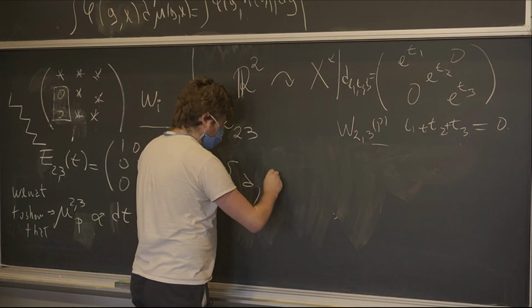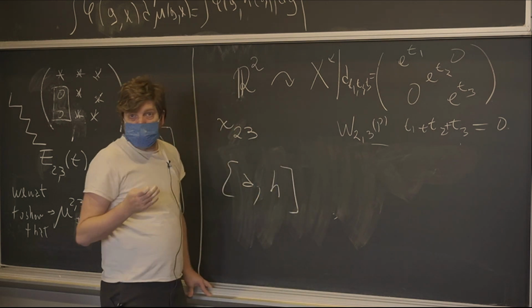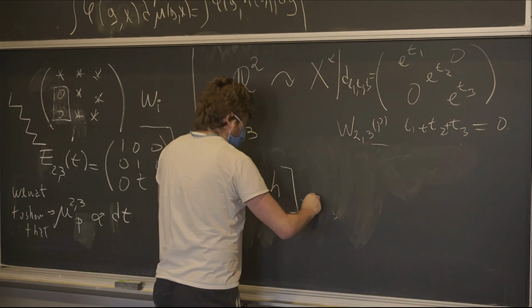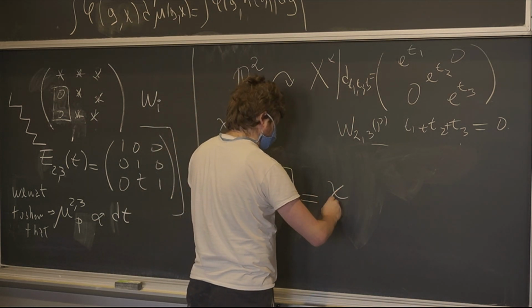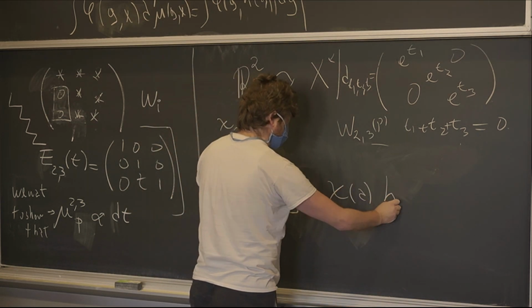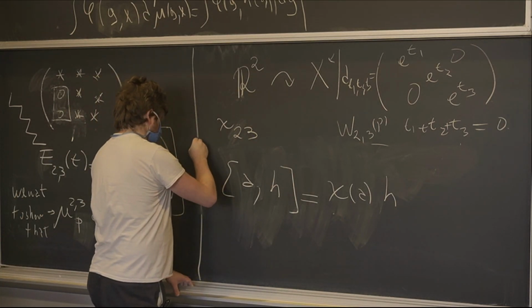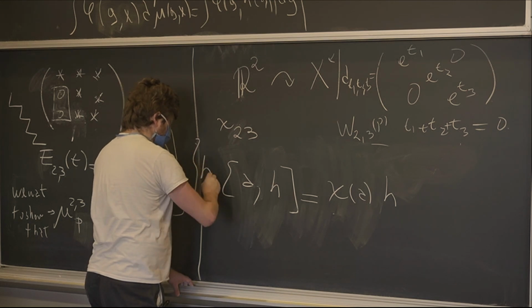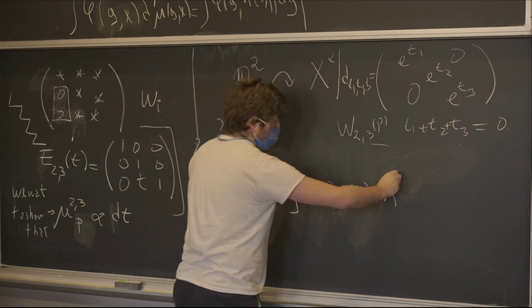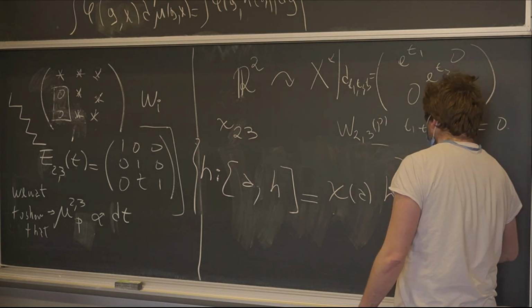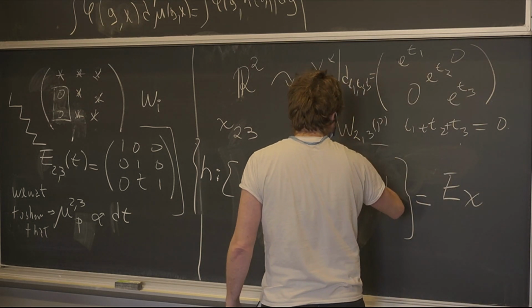You bracket it with H. H is some element, I don't know who it is. And I want this to be chi of H, and this should hold for every A in the algebra.